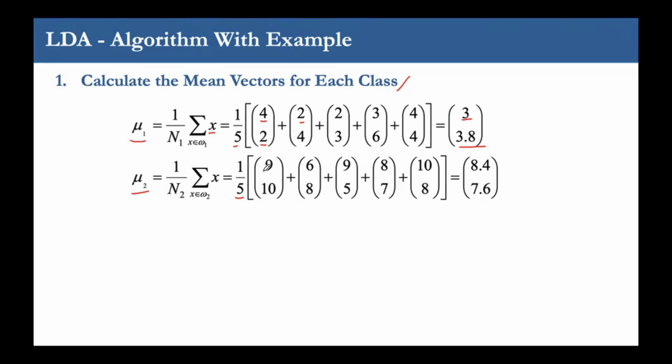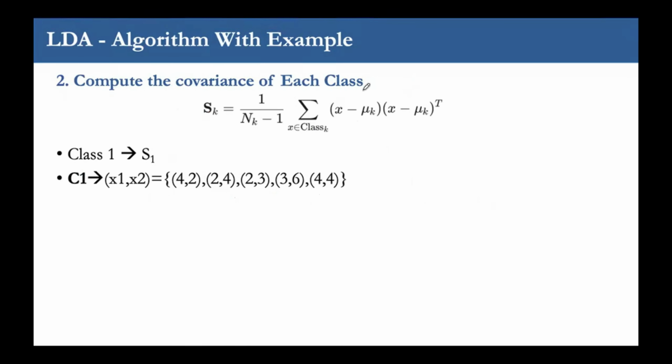Then we find the mean vector. It is 9 plus 6 plus 9 plus 8 plus 10 divided by 5, which is equal to 8.4. The next one is 10 plus 8 plus 5 plus 7 plus 8 divided by 5, which is equal to 7.6. So these are the two mean vectors.